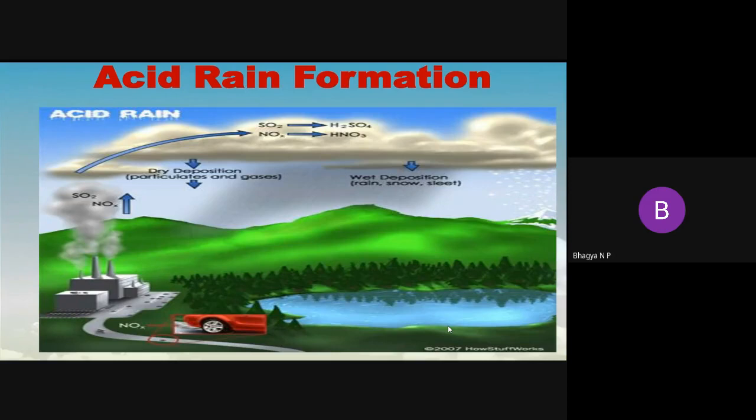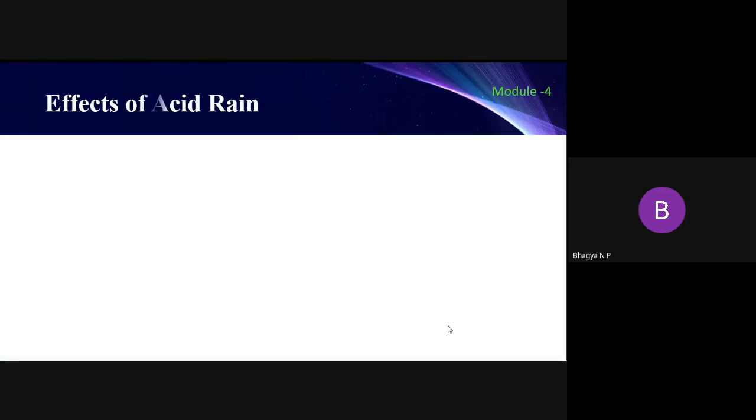If those gases contain dangerous gases like sulfur dioxide and oxides of nitrogen, they enter the atmosphere and react with moisture, forming sulfuric acid and nitric acid. These come back to the earth in the form of rain with pH below 7, and that rain we call acid rain.